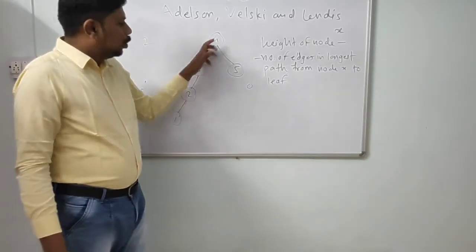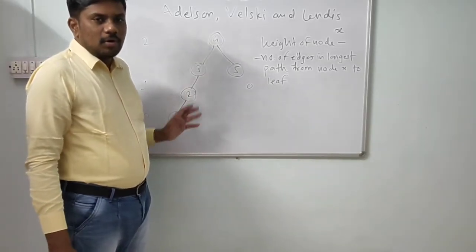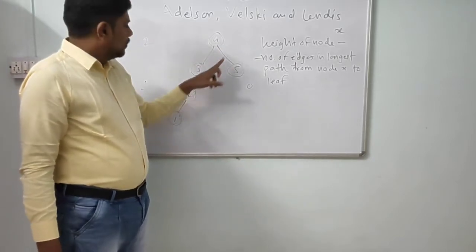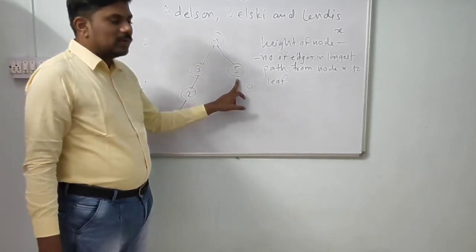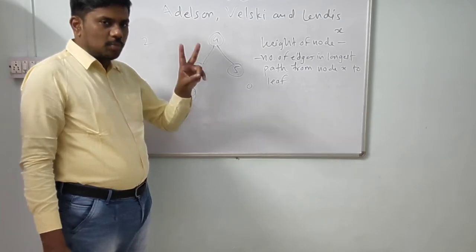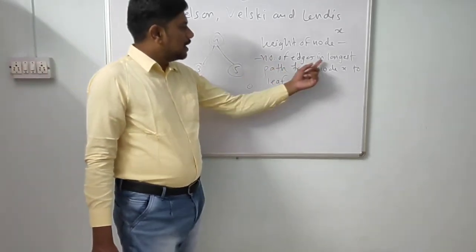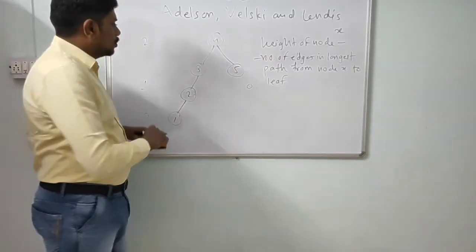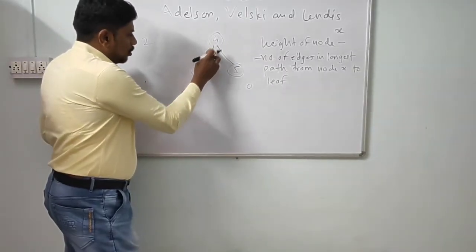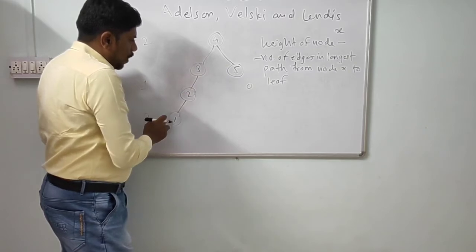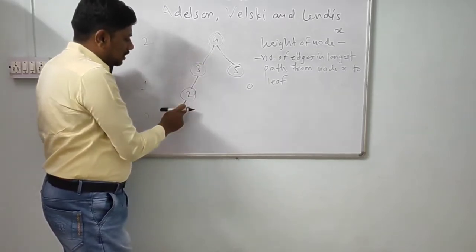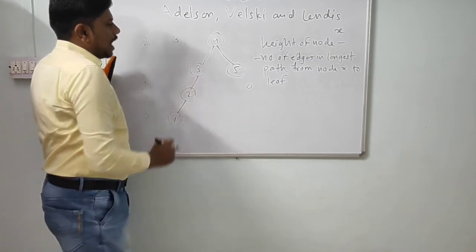Now see, there are 2 paths available here for its leaves. There are 2 leaves for 4: the first one is 1 and the second one is 5. So which path should we consider? The path which is the longest one. The first path is 4, 3, 2, 1. How many edges are involved in this path? 3 edges. So this is the height.